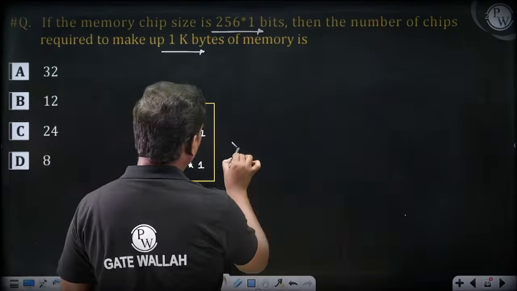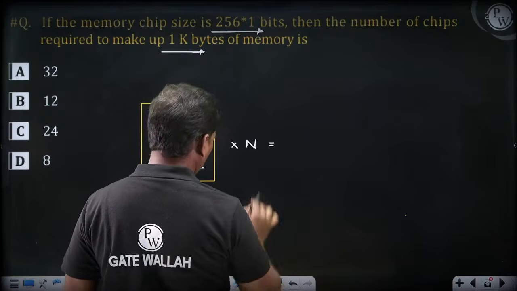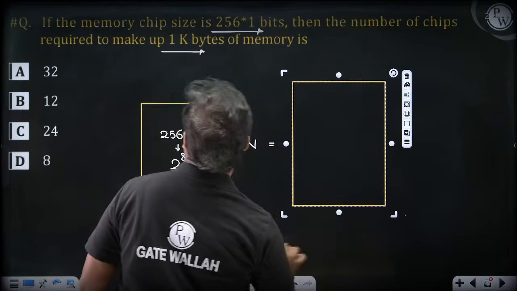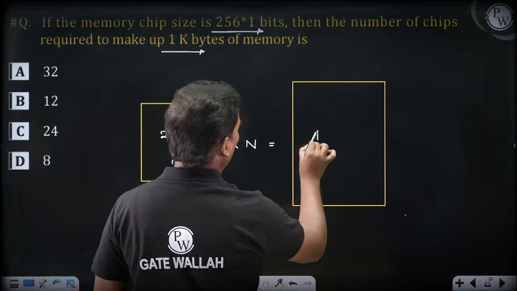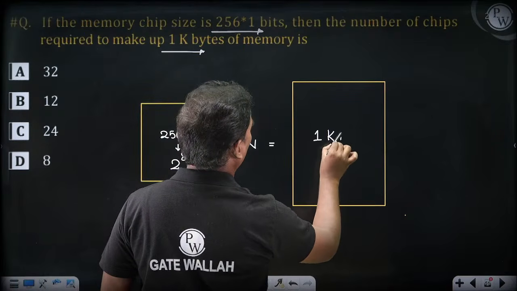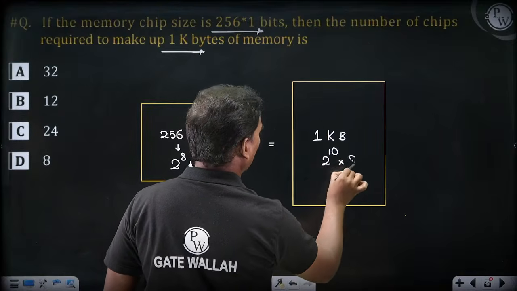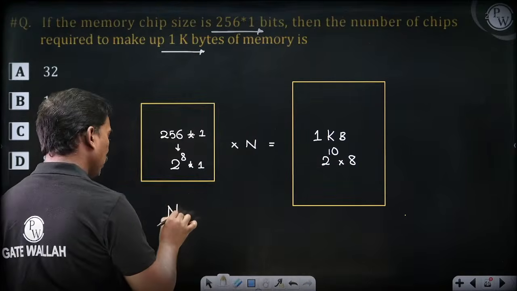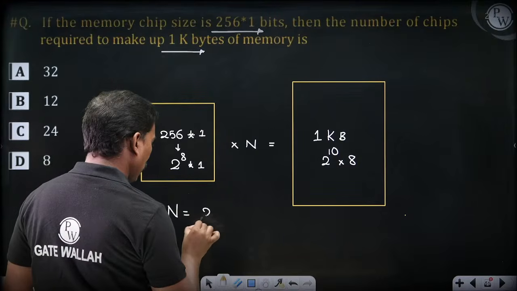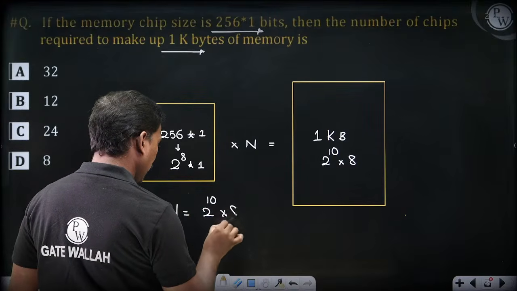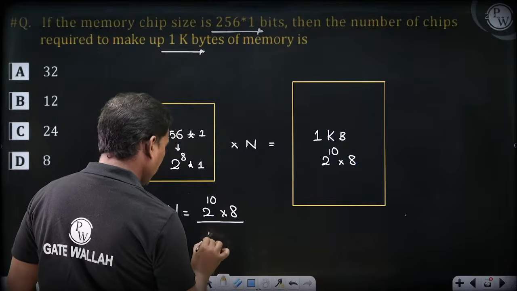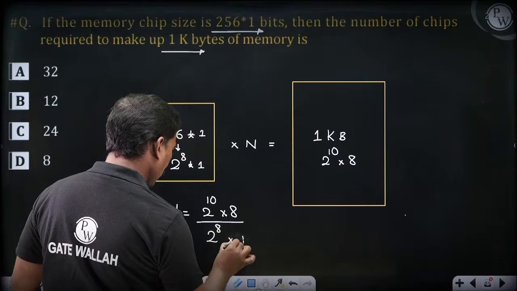How many such chips are required to make a big size of 1 kilobyte? 1 kilobyte means 2 power 10 cross 8. So n will be equal to 2 power 10 cross 8, the whole divided by 2 power 8 cross 1.